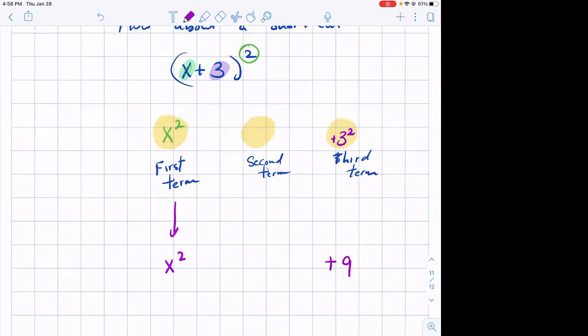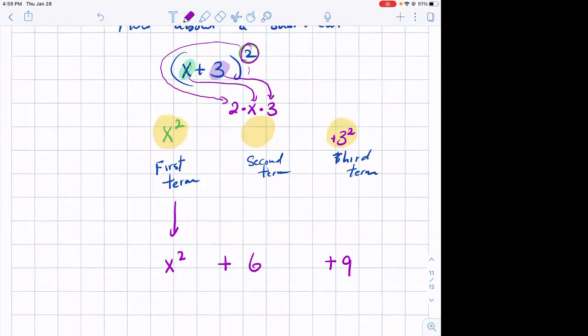The question is, how do we get the middle term? To get the middle term, you take this 2 and you multiply it by the first term times the second term. So this 2 is here, the x is there, and the 3 is there. And they're all positive, so that becomes a positive 6x. 2 times x is 2x, times 3 is 6x.